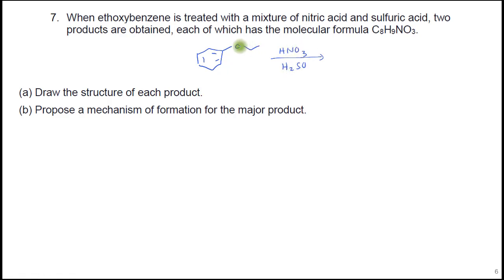The ethoxy group, the O, is immediately bonded to the benzene. So this is an activating group, which is an ortho-para director. So we'll get the 2 products. One will be the ortho, plus the para.